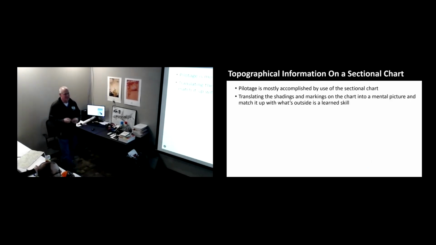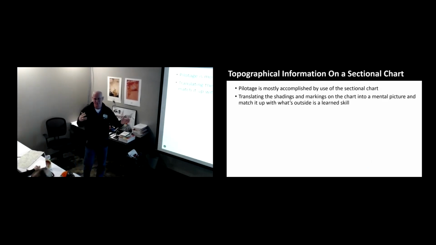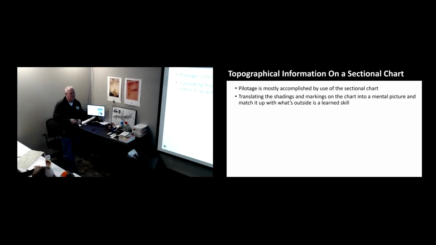Pilotage is what we talk about using the eyeballs. I talked about that already. So when we're in the cockpit and we're navigating by pilotage, if you know where you're going and you've been down that route 20 times, you don't need the chart. You're familiar with the terrain. If you're not familiar with the terrain and the topography and the obstacles or the other landmarks, that sectional chart is what you're going to use to do that pilotage. So when we talk about pilotage, there's two things, and you'll get into this later, I guess.